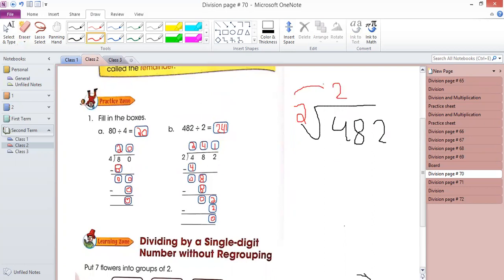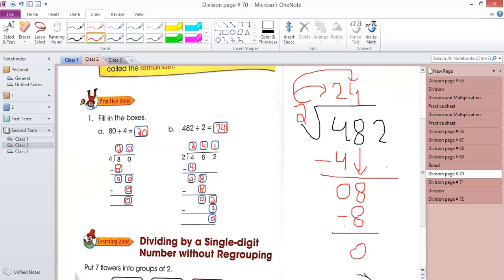Now multiply 2 with 2. 2 2s are 4, minus: 4 minus 4 is 0. Put this 8 down. 8 divided by 2 is 4, because 2 4s are 8. Multiply this 2 by 4, 8. Right below 8, subtract it, and then 0.